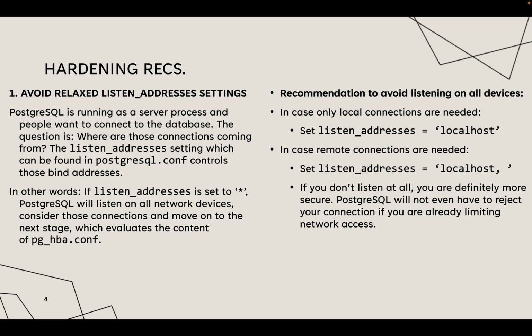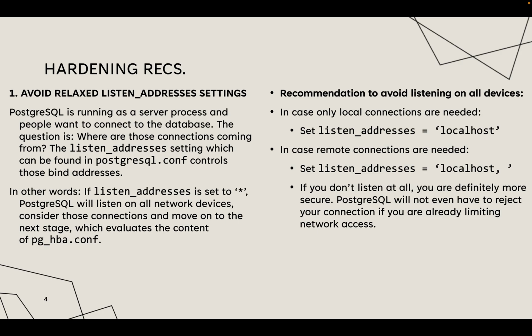So for some hardening recommendations, one would be to avoid relaxed listening address settings. Due to it running as a server process and people wanting to connect to the database, the question is, where are those connections coming from?